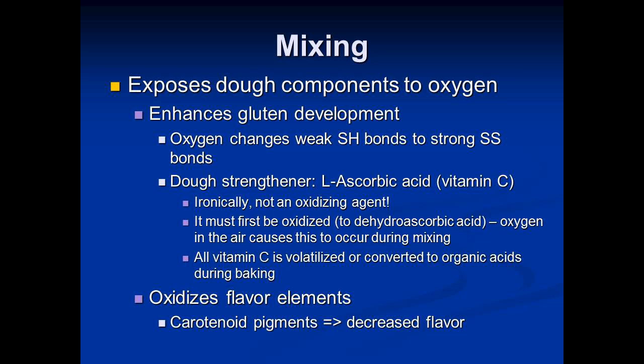Oxygen in a dose strengthener like ascorbic acid can provide this same effect. As I mentioned earlier, the deleterious effect for bakers is that oxygen can oxidize carotenoid pigments, change their properties, and by changing their properties, change the flavor that they would otherwise add to the dough.